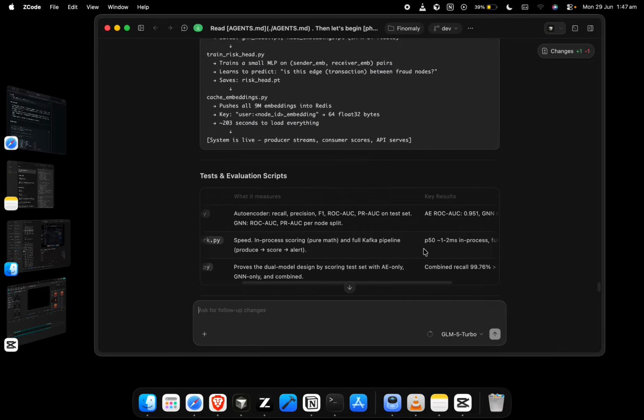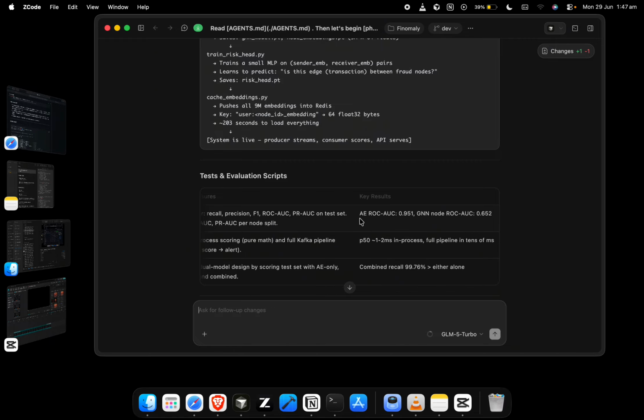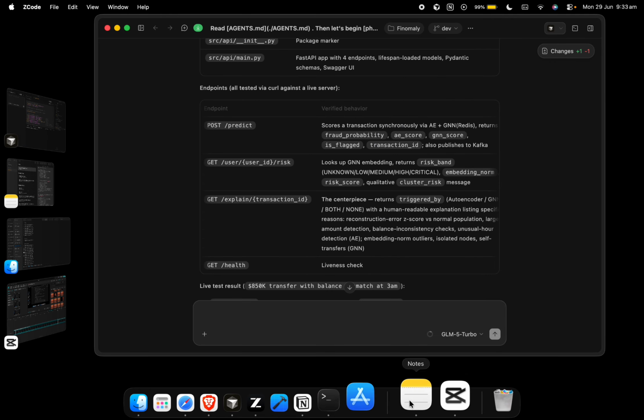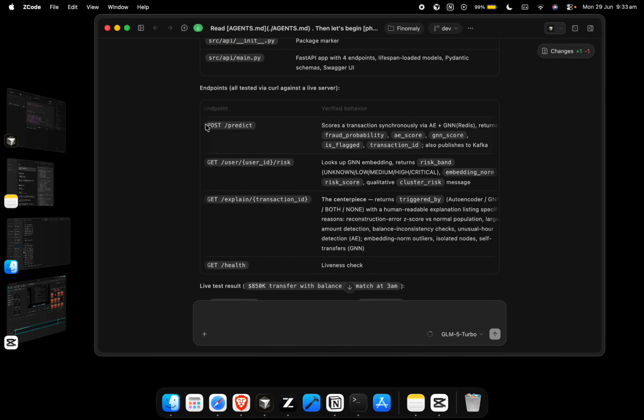And right here we can see the key results for each of the files and what they actually did. Okay, so now for the endpoints, we have 4 endpoints we tested via curl against a live server.